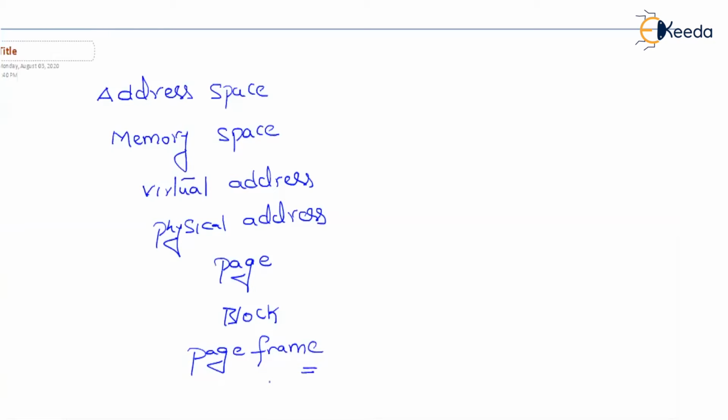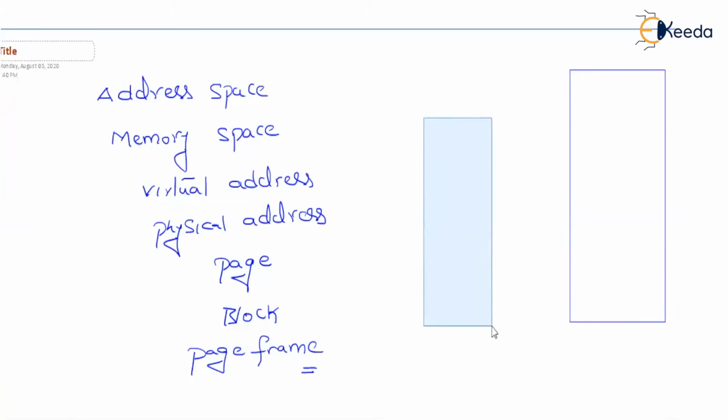Let us stay focused and understand. Let us see that we are going to have a secondary memory which is equal to 1M. I do have a 1M secondary memory and 32K primary memory.